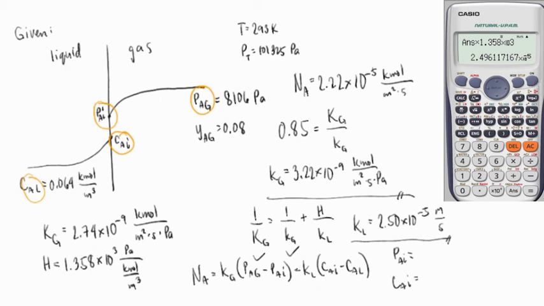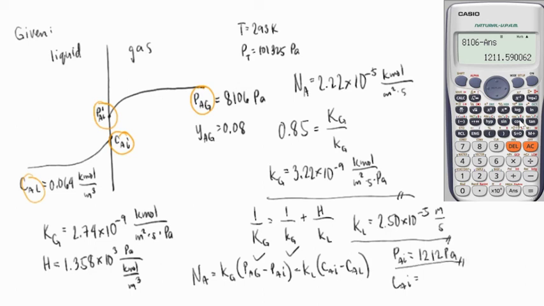That would be Na, or 2.22 times 10 raised to negative 5, divided by small kg, or 3.22 times 10 raised to negative 9. This is now equal to the driving force PAG minus PAI. To solve for PAI, we simply subtract this value from our PAG. Our PAG is 8106 pascals. Subtracting the answer from earlier, our interfacial partial pressure of A or PAI is 1212 pascals.